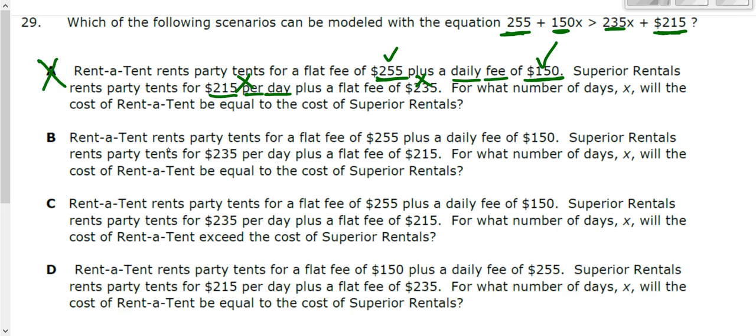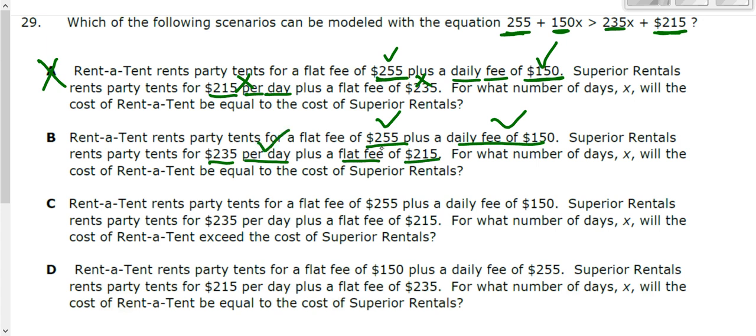Continuing on, Rent-A-Tent rents party rentals for a flat fee of $255 plus a daily fee of $150. That's like the first one. We already said that was correct. Superior Rentals rents party tents for $235 per day plus a flat fee of $215. A flat fee meaning it's only being charged once.